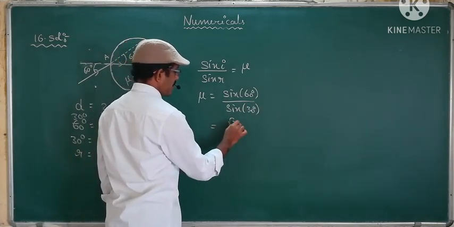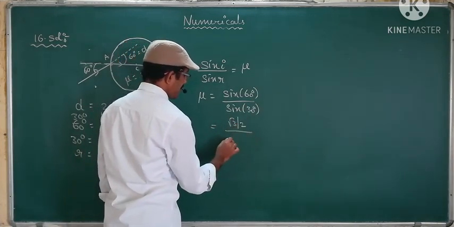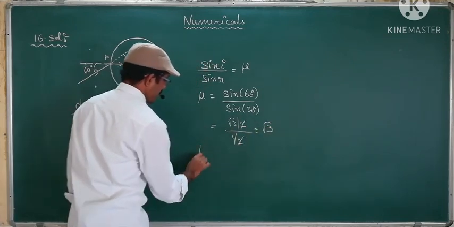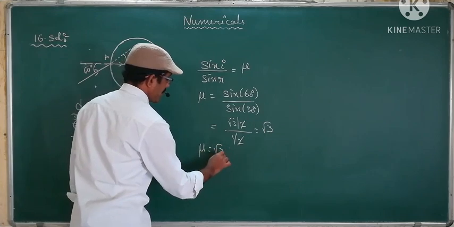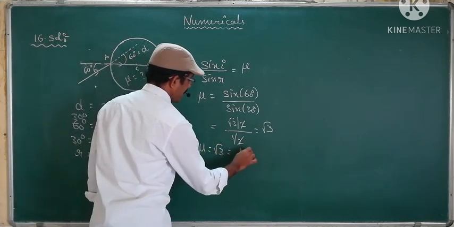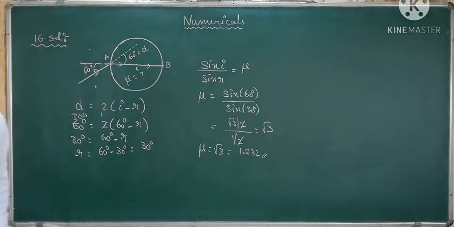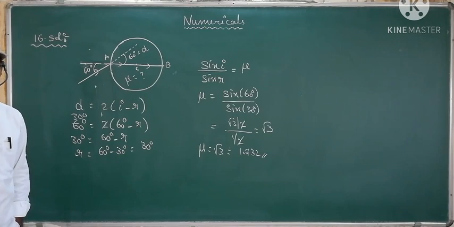Sin 60 is equal to root 3 by 2. Sin 30 is equal to 1 by 2. The 2 cancel, root 3. So mu is equal to root 3, that is equal to 1.732. This is the refractive index of this spherical surface.